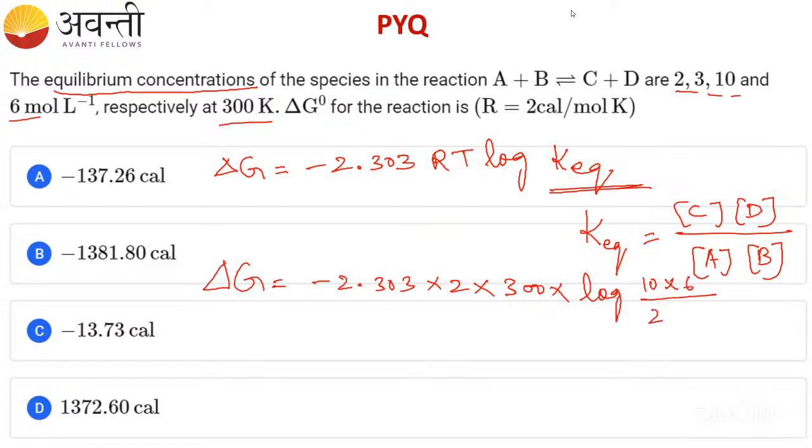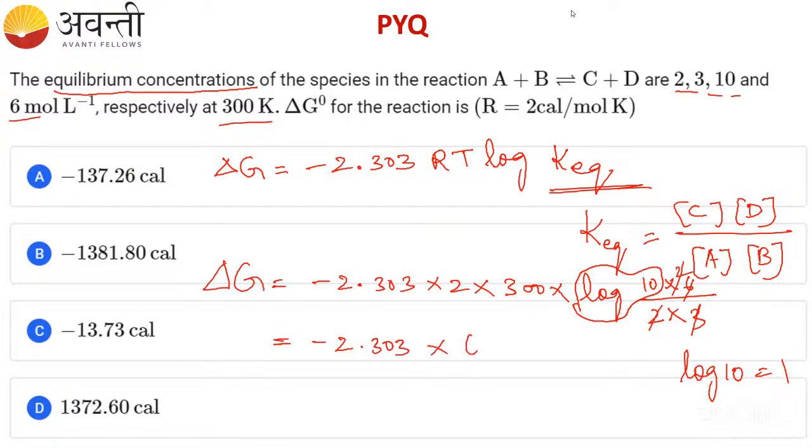For A it is 2, and the equilibrium concentration for B is 3. If I cancel this, the 2 gets cancelled. Remaining, we have only log 10, and log 10 is equal to 1. So we are left with 2.303 into 600, since 2 into 300 is 6 hundred.